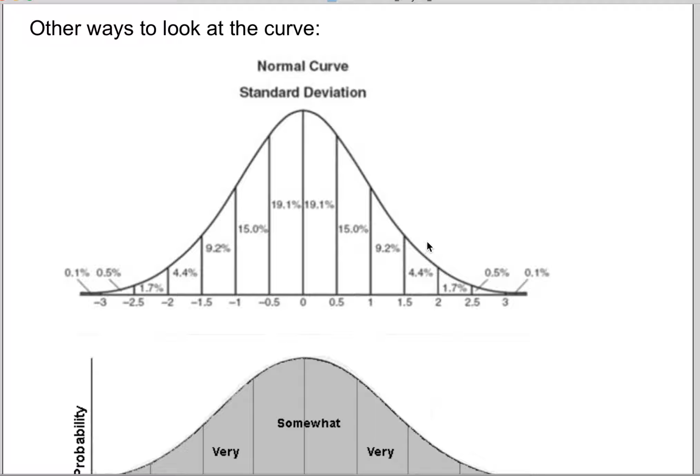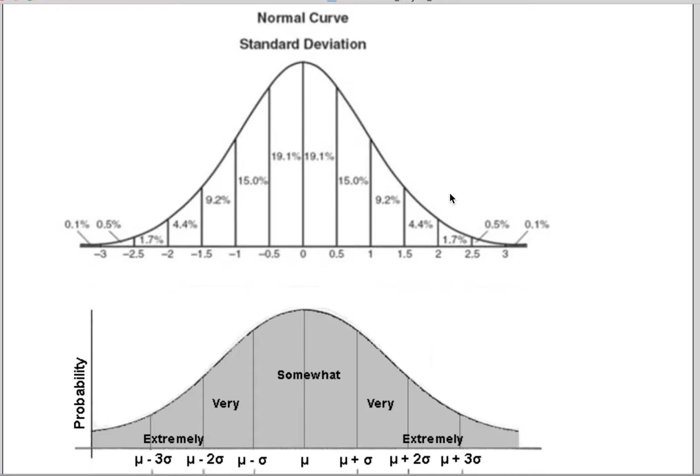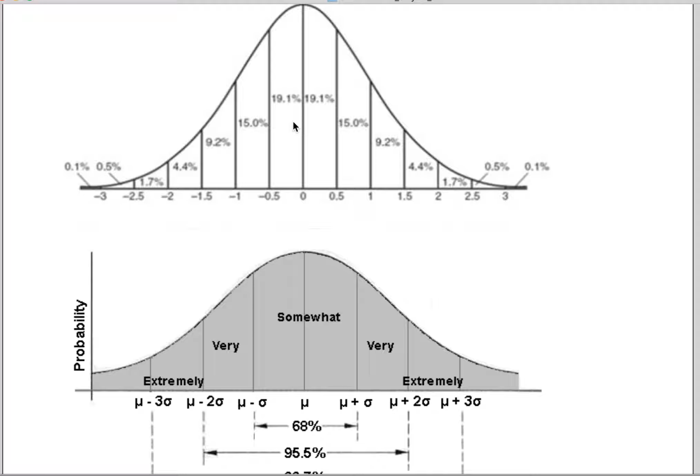Let's look at another way. This particular one tells you the percent between each of the halves of standard deviations. So out here, after 3, you're down to 1/10 of a percent. Boy, that's really good if you can be 3.5 standard deviations out.